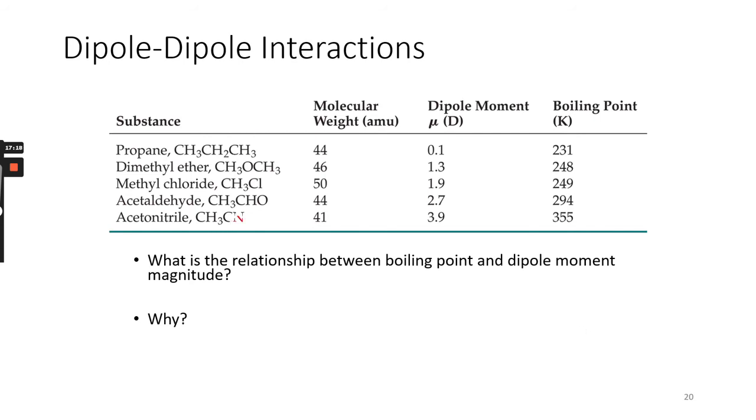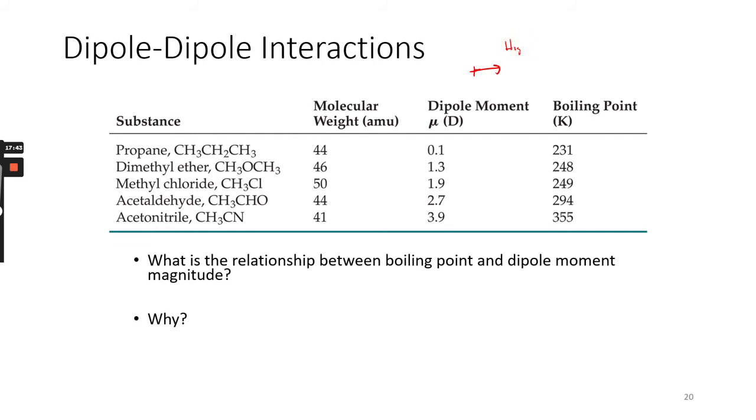So let's look at our data table here. All these molecular weights are similar, but look at our dipole moment. The dipole moment, if you remember correctly, is the arrow that we draw, going from our positive end to our negative end. If the electronegativity difference between our two elements is very large, it has a high dipole moment.